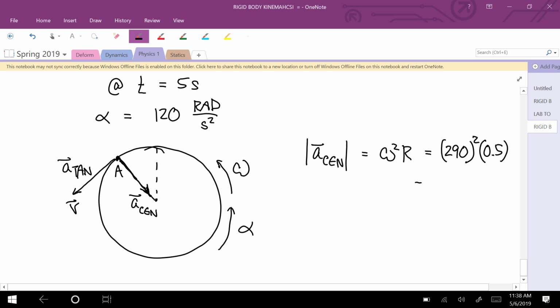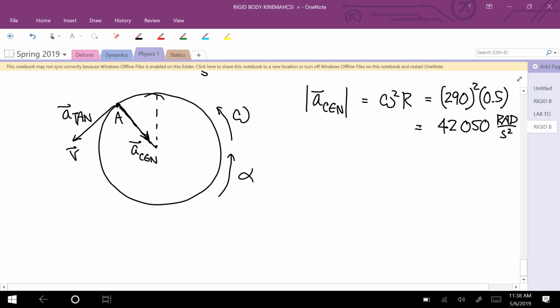Can someone calculate that? Some huge number. 43,000? 42,050. And now we have to figure out how to use cosine and sine to get it in the right direction.